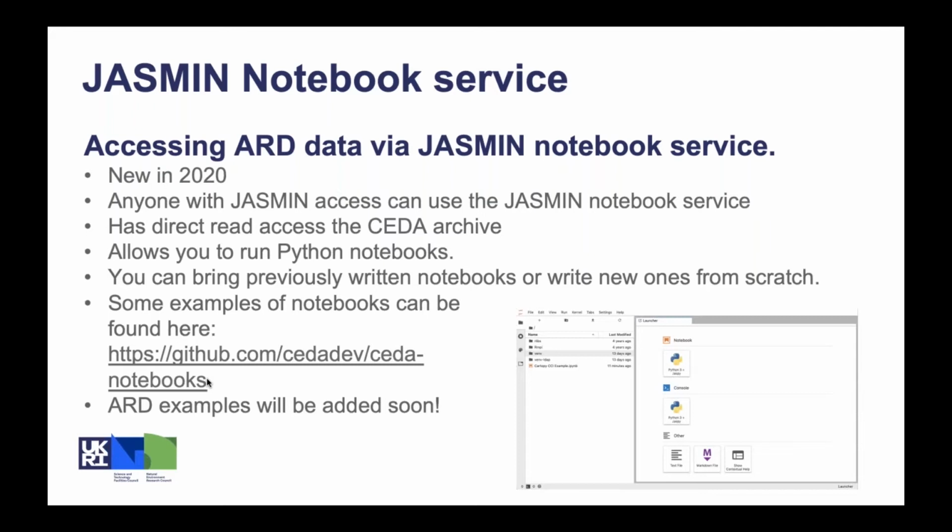We do have some examples of notebooks for other data sets that we provide on this GitHub page here. I will be adding some more Sentinel ARD examples soon, and we will add them to the GitHub ARD code list that Paul is going to talk to you about next.